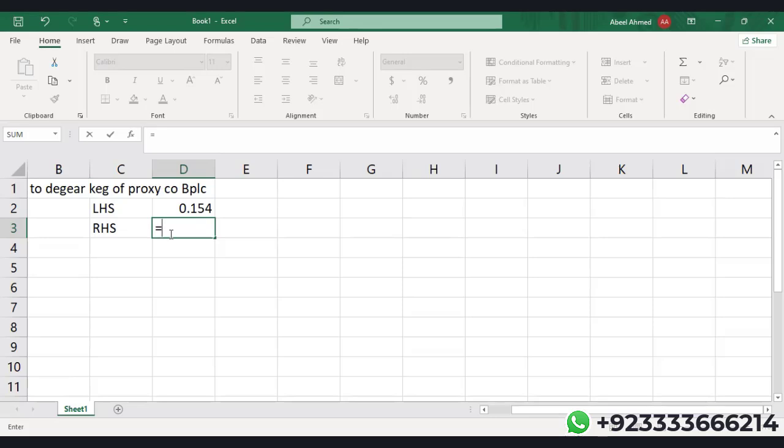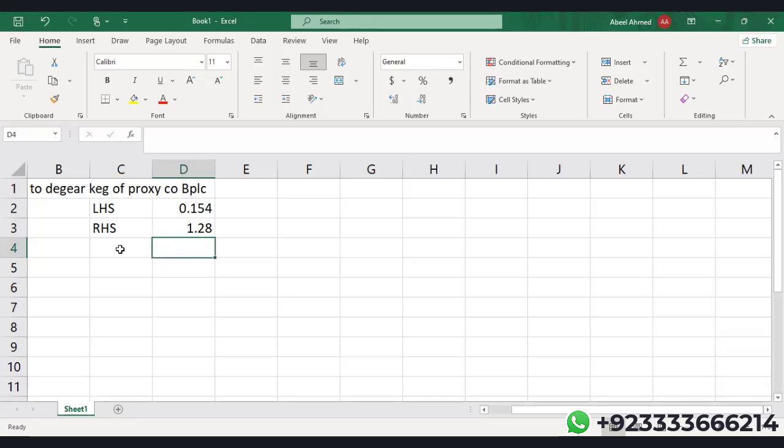I'll take 1 plus 1 minus tax rate, bracket 1 minus tax rate, bracket close, multiply by VD upon V. VD is 168, V is 420, bracket close, 1.28.